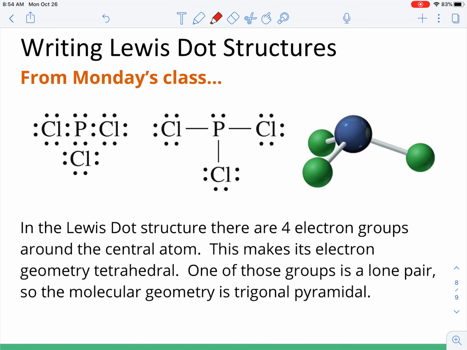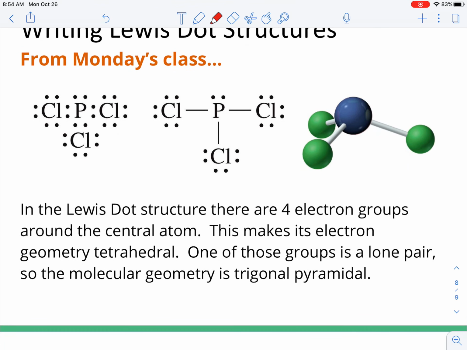All right, so rating Lewis dot structures. From Monday's class, let's just take a look at this example that we drew. So we drew phosphorus trichloride. In the Lewis dot structure, there are 4 electron groups around the central atom. That makes this electron geometry tetrahedral. So for electron geometry, I'm going to use the red highlighter.